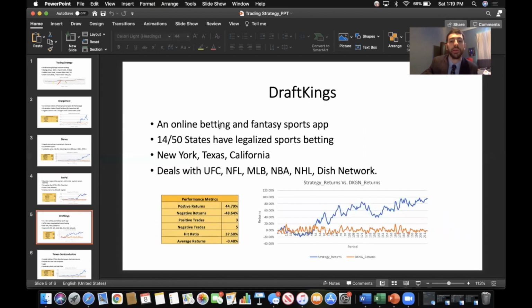DraftKings is the online betting and fantasy sports app. I'm pretty sure a lot of people are familiar with this. Really, the one thing that's keeping this stock down is that only 14 out of 50 states have legalized sports betting. What we're really looking for and counting on this stock doing is adding New York, Texas, and California. In my opinion, New York and Texas will probably be more likely than California.